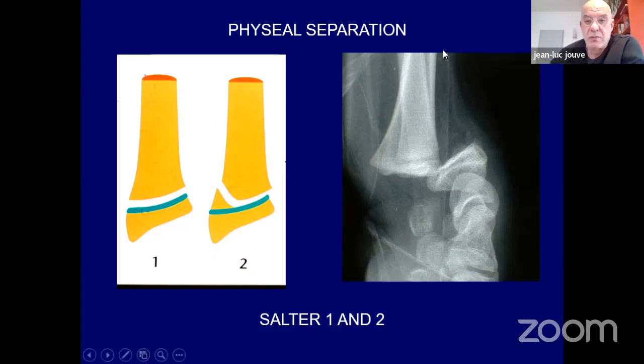Because the posterior periosteum is intact, and if you do a simple traction and flexion, you will reduce the fracture, and you see that the growth plate is intact, because the growth plate is completely fixed on the epiphysis, and if there is a physeal separation, the growth plate remains intact.